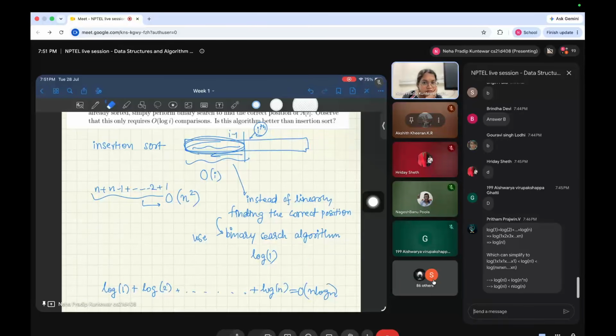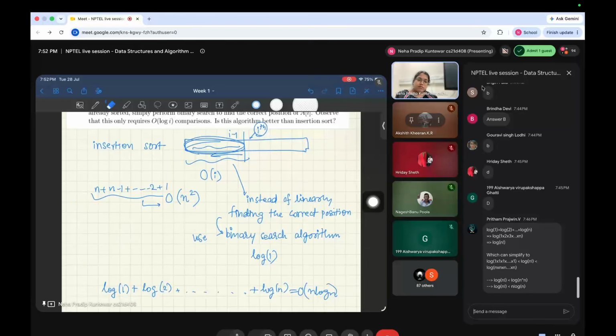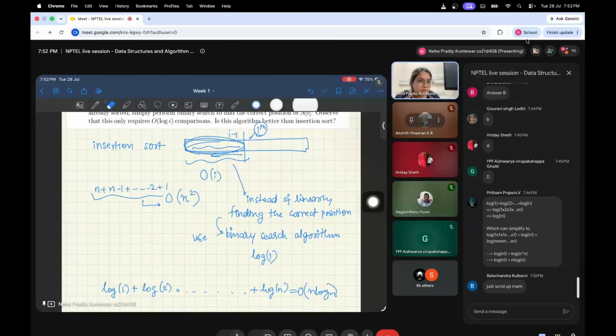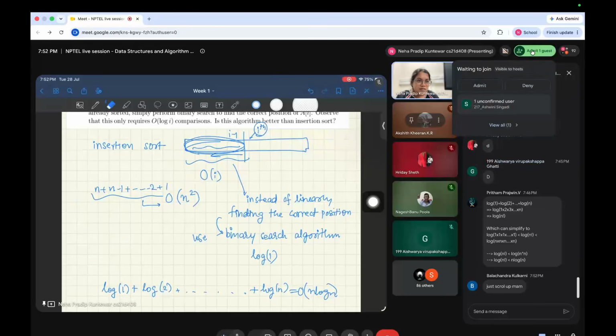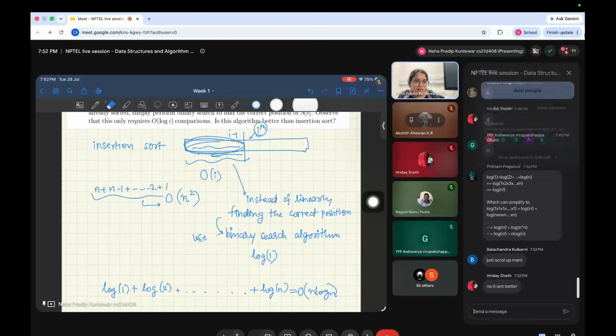Is the question clear? Any thoughts? It may not be correct. If you have any thoughts that come up, you can feel free to share.